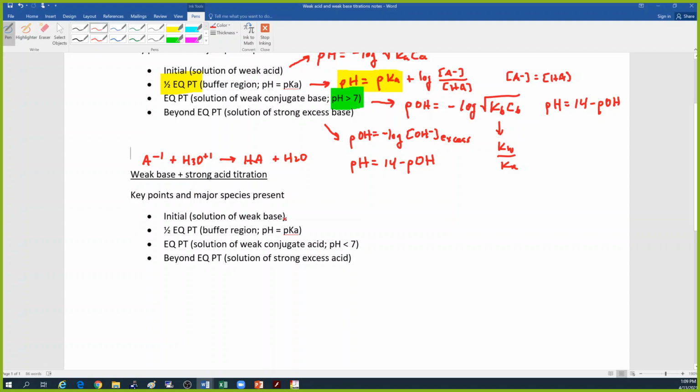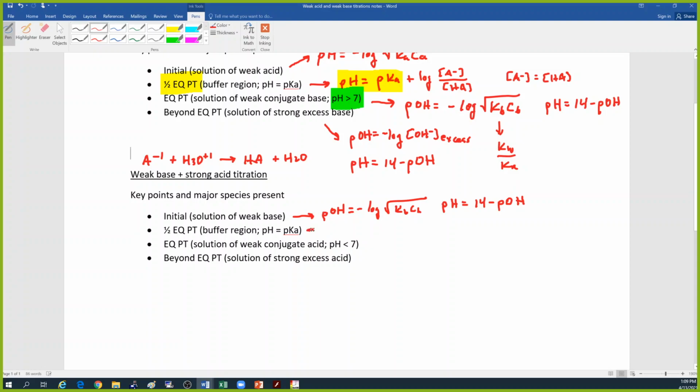But since we're starting with a weak base solution, this time we begin kind of where we left off at the equivalence point here. We find the pOH first by taking the negative log of radical Kb times C, and then the pH is just 14 minus that, just like before. So again, it's the same type of calculation. We're just doing it first because we're starting with a base solution, a weak base.